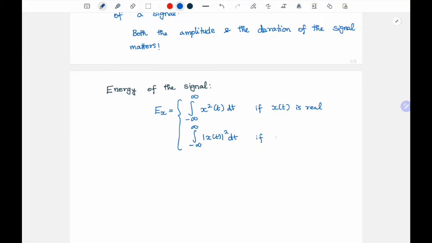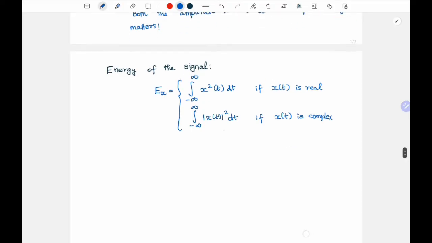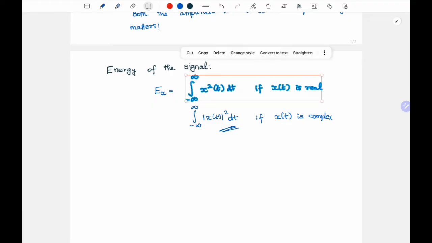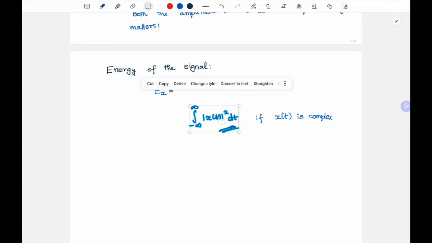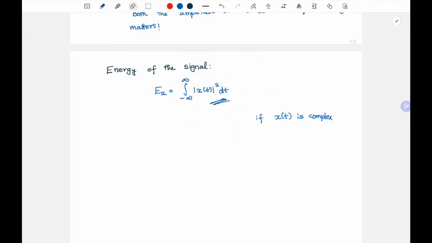So it is sufficient to write only this, because this holds for both real and complex. So we can take this to be the energy of the signal.